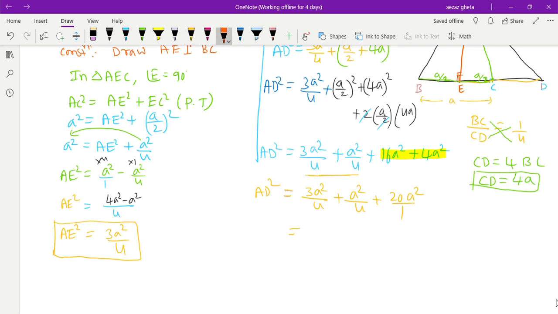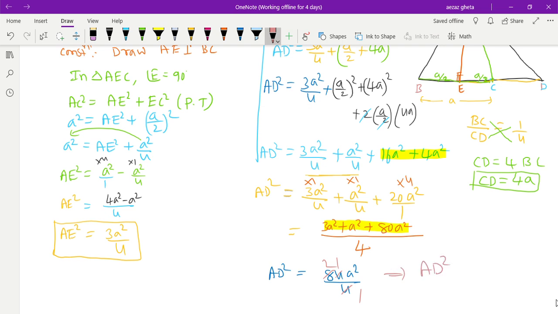The LCM is 4, into 1, into 1 and into 4. 3a square plus a square plus 80a square. All are like terms, so we can add 3 plus 1, 4, 4 plus 80, how much? 84a square by 4. Cancellation, and what we got is AD square is equal to 21a square.